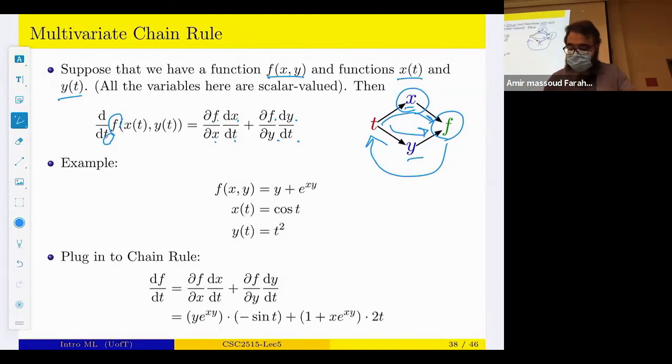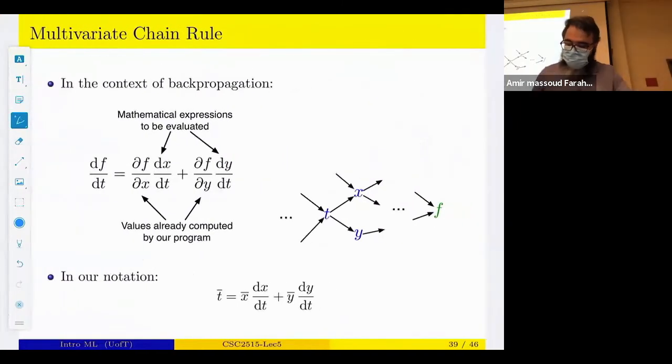So this is just an example. I did not mention that this idea of propagating the derivatives from the end of the computation graph to the beginning is called the backpropagation algorithm, or backpropagation. I will show the algorithm itself, but basically what I'm describing is the algorithm.